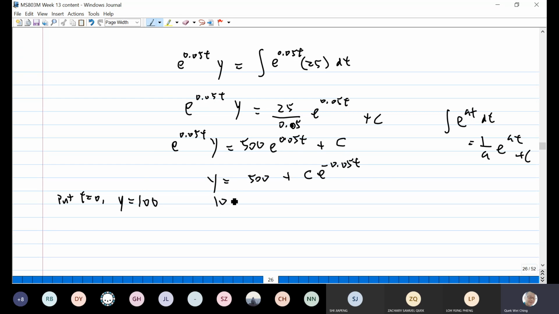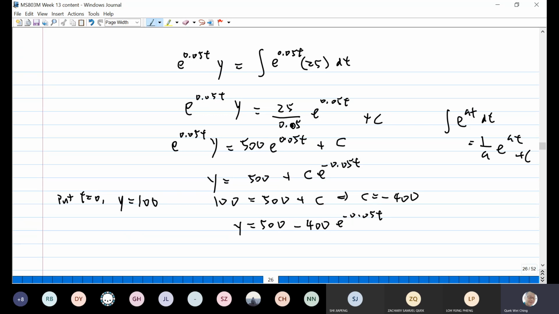So 100 equals 500 plus c, which means c equals minus 400. So y equals 500 minus 400 e^(-0.05t). This is the general solution for the amount of alcohol at any time.